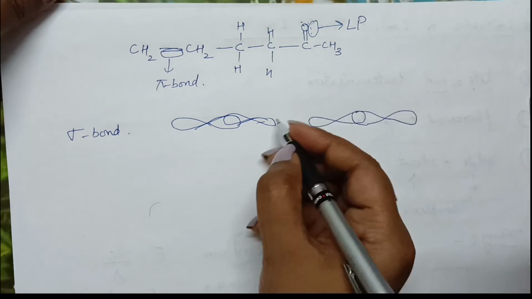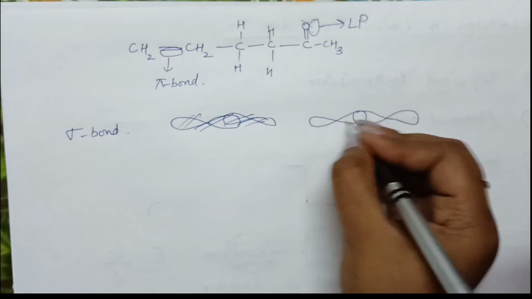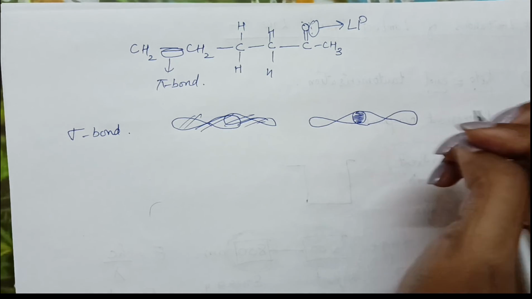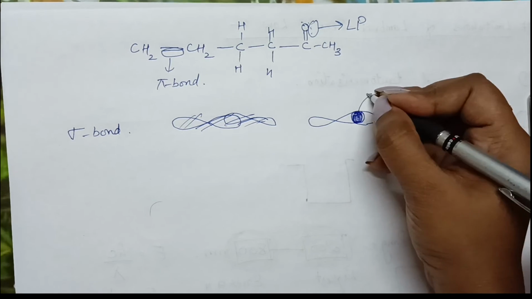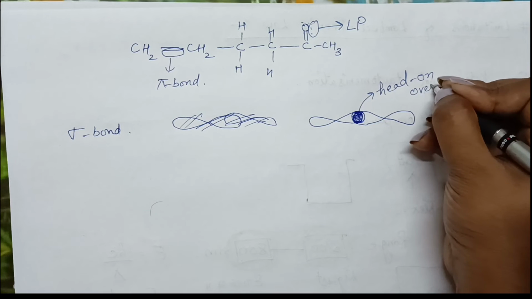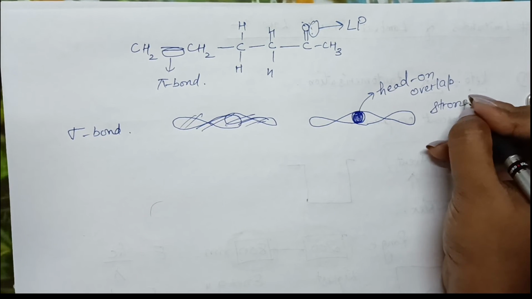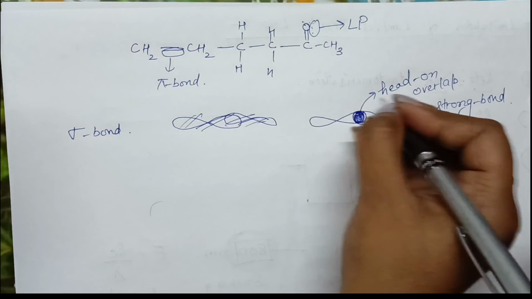If we talk about the sigma bond, then this is like head-on overlap. Because of this head-on overlap, we have a strong bond, right? It is a very strong bond. If we talk about the sigma bond, it is a very strong bond, due to this head-on overlap.